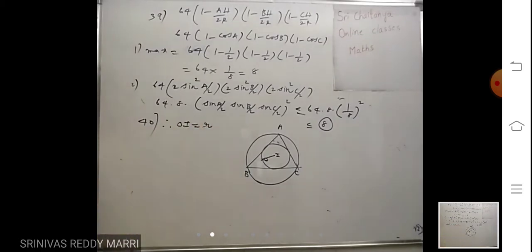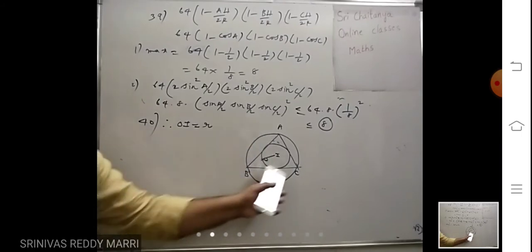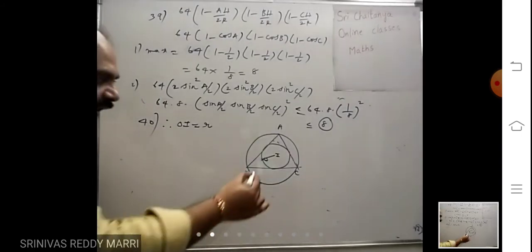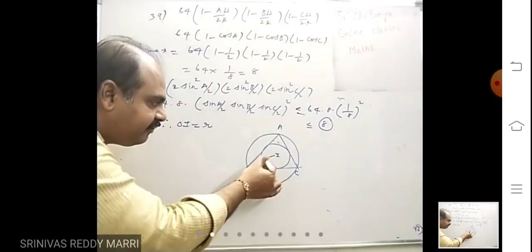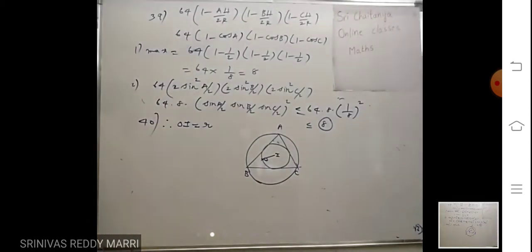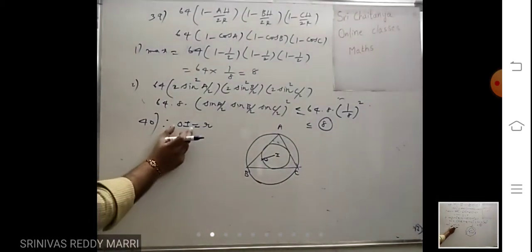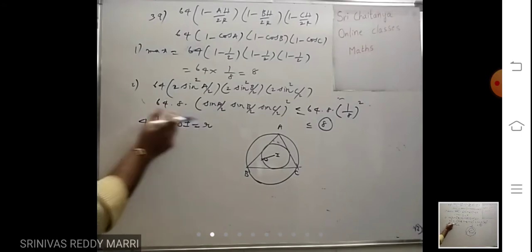OI is nothing but what? Small r, the radius of this circle. As this is a point on it, IO is nothing but the radius of the circle, that is, the inradius. Now look here. The distance between circumcenter and incenter, I have told you the formula.